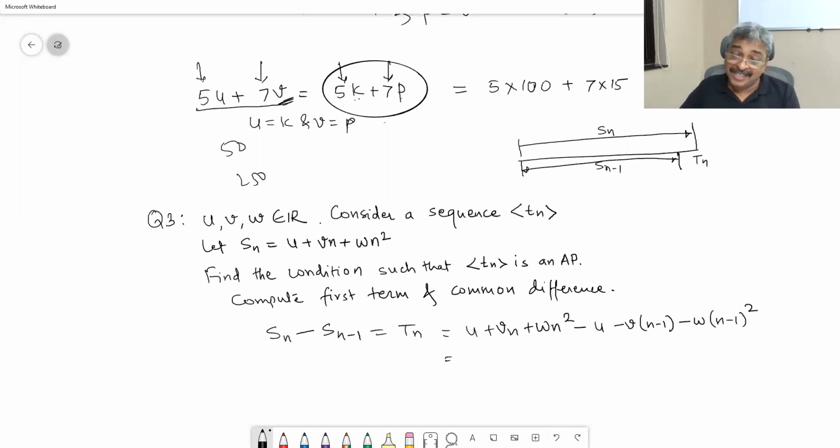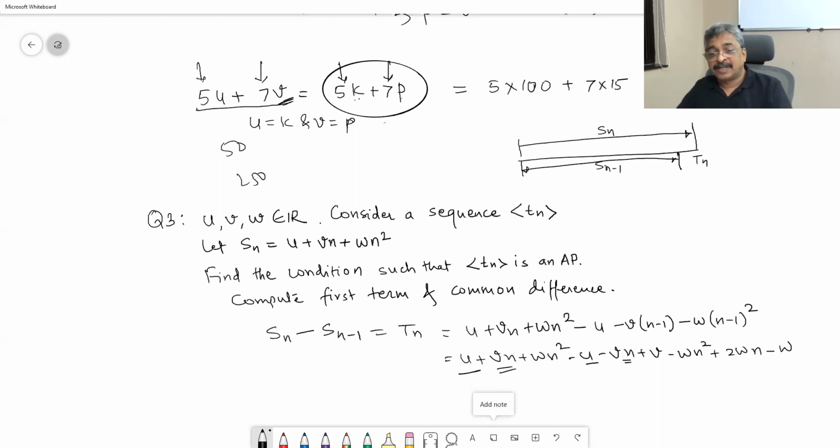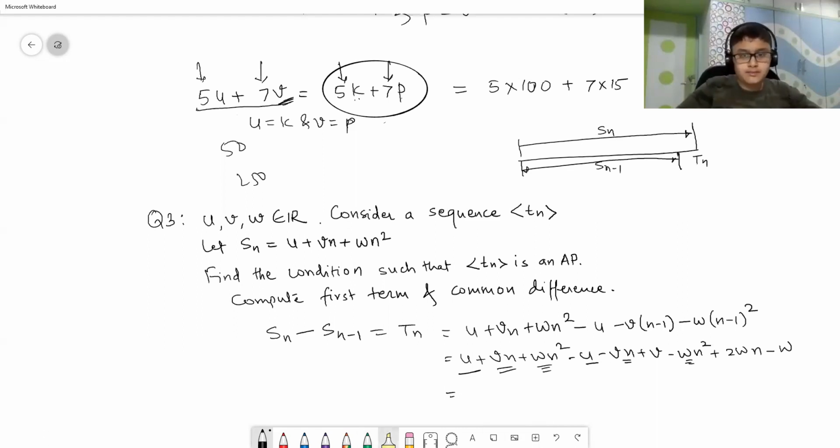U plus Vn plus Wn square minus U minus Vn plus V minus Wn square plus 2Wn minus W. U gone, Vn gone. And what is remaining now? Wn square gone. Is that right?